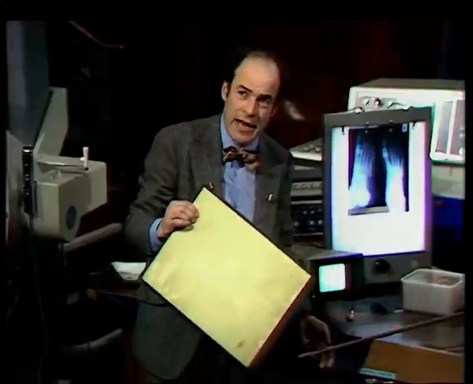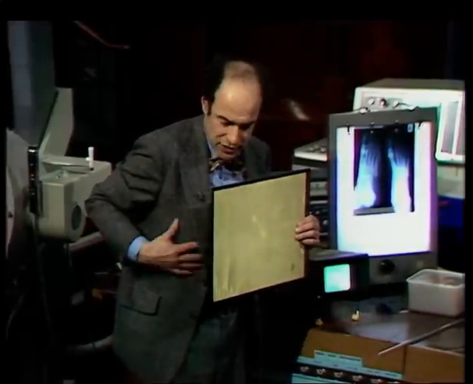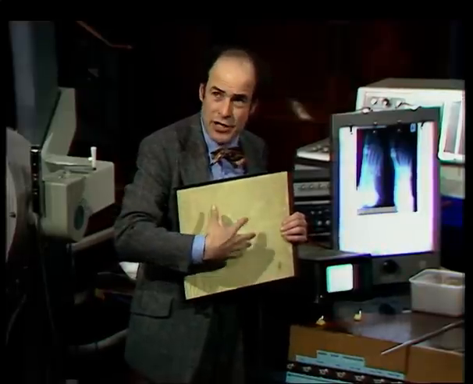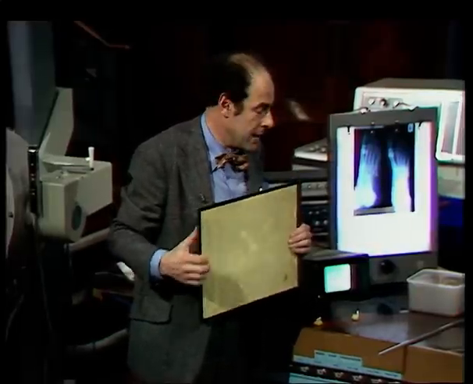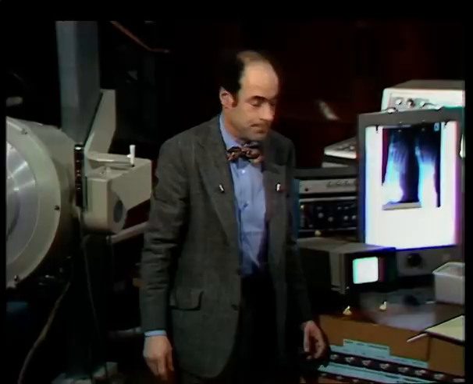So another way, therefore, of rendering the X-rays visible would have been to put the X-ray source behind the patient and a fluorescent screen in front like this, and then to watch the images on the screen. The trouble is that the images are very, very faint indeed, and one would have to adapt one's eyes for a long time and sit in a very dark room to be able to see them.